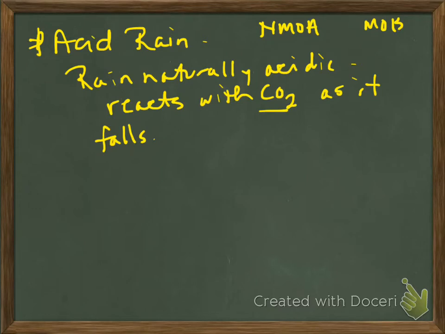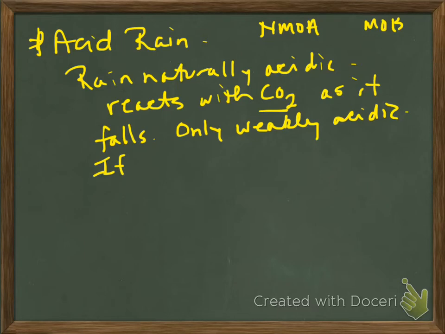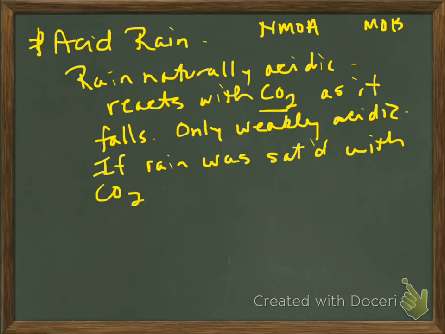So rain is naturally acidic because the water reacts with the CO2 as it falls, but this is only weakly acidic. Even if that rain was completely saturated with CO2, the pH would only be about 5.6.